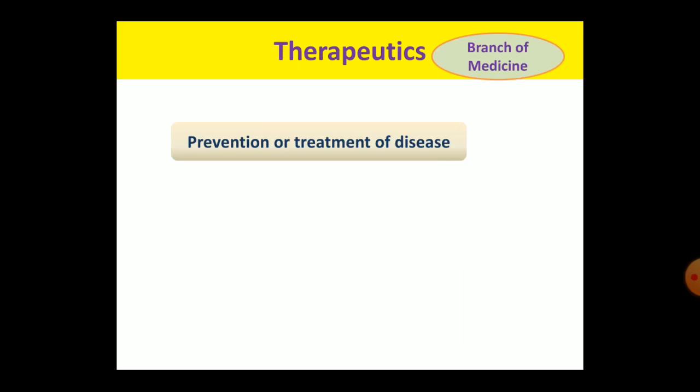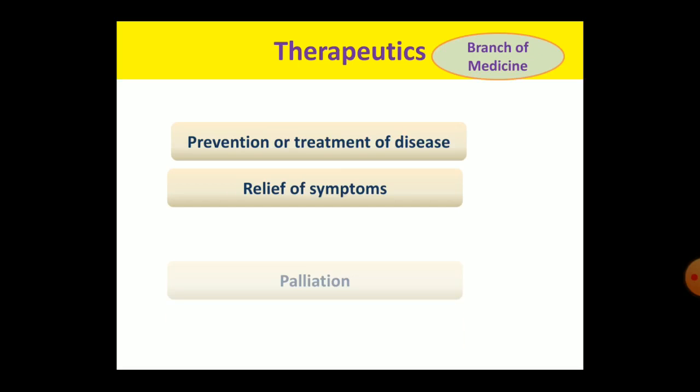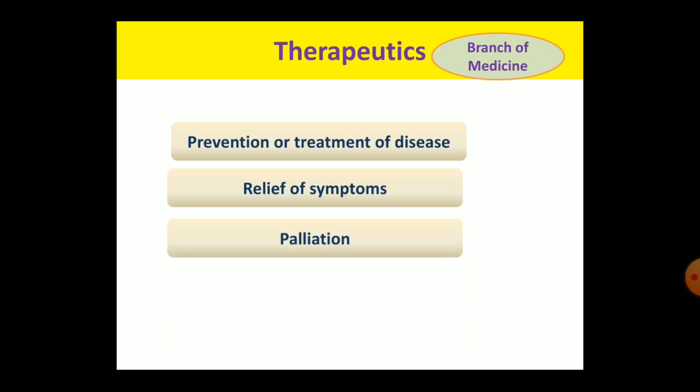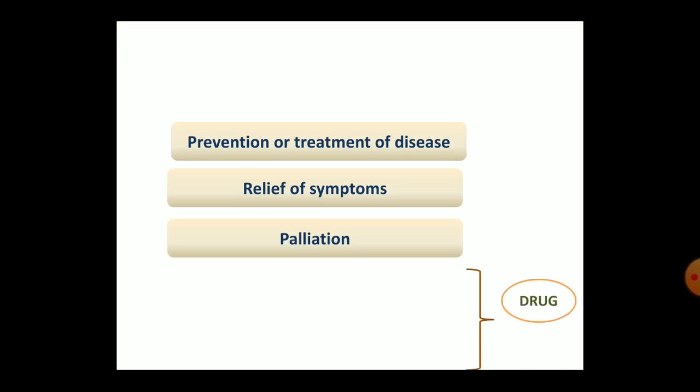Many times it is the relief of the symptoms, or in certain cases like cancer, we are just doing palliation of the symptoms. It means we are just producing relief of the significant symptoms. All this is known as therapeutics.